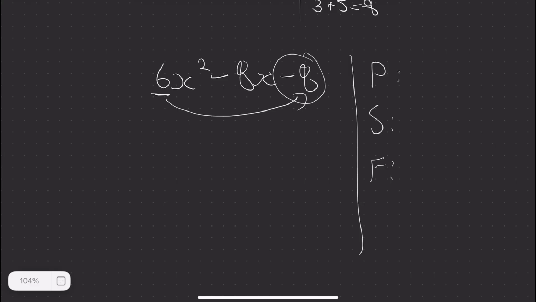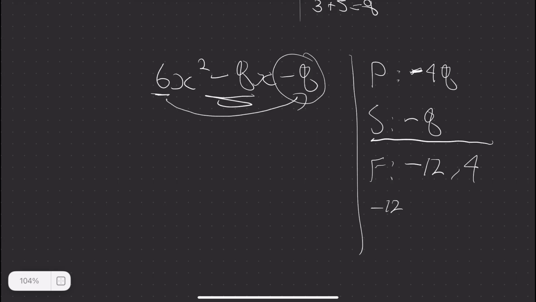So we will get 6 times negative 8, which will be negative 48. So we want two numbers that multiply to negative 48, and two numbers that add to negative 8, as negative 8 is our b term here. Straight away we can see that negative 12 and 4 will be our factors, as negative 12 times 4 is equal to negative 48, and negative 12 plus 4 is equal to negative 8.